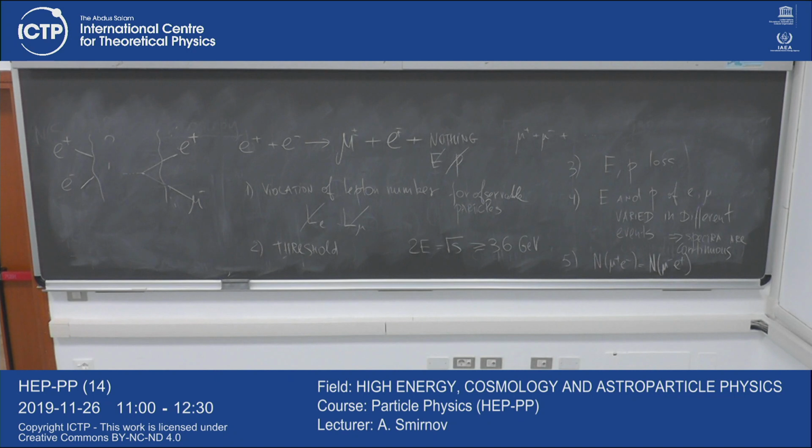So this is what you want to do. Now, how to connect with the plus and minus? And what to do with this missing energy and momentum, why is it there?